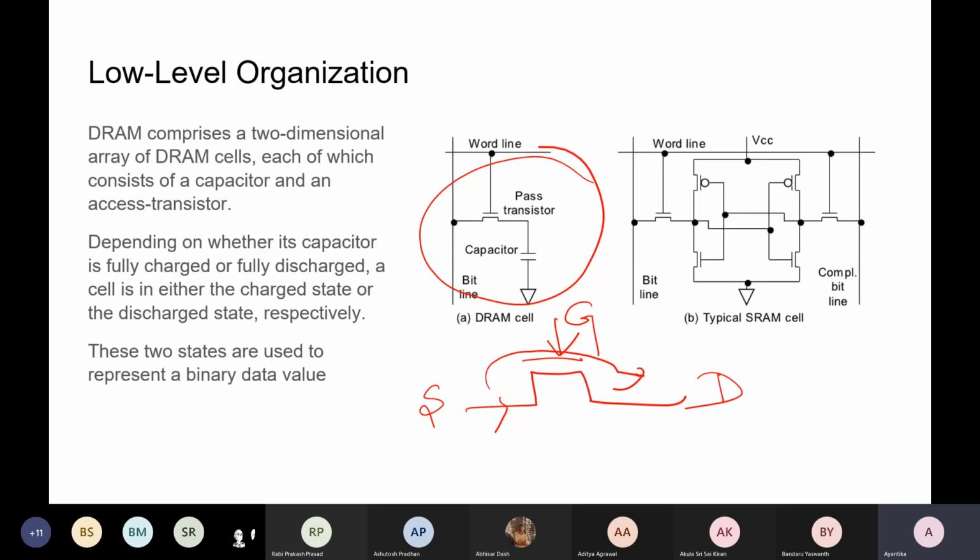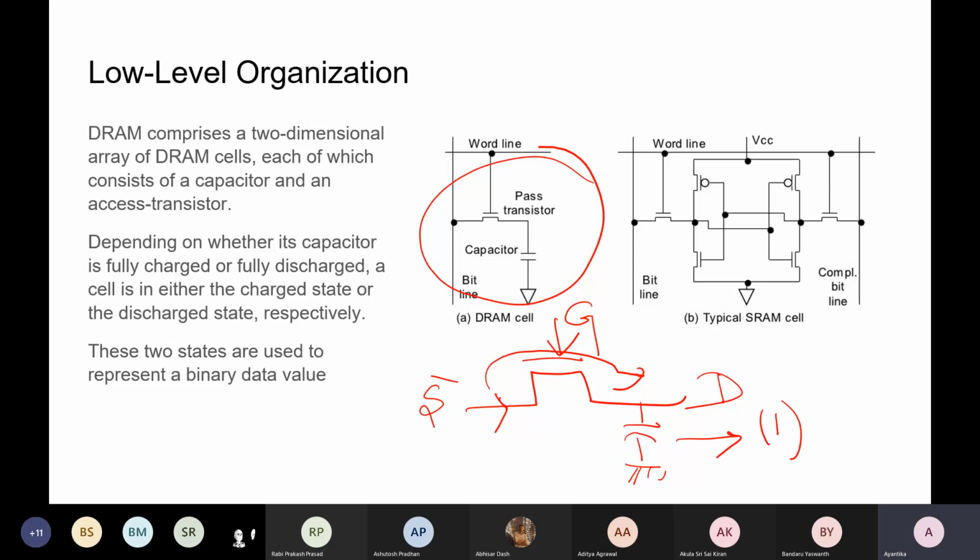If you attach a capacitor to the drain, this cell can act as a 1-bit memory storage. If the capacitor is charging, it is storing the 1 bit, when the gate is on and there is some voltage beyond a certain threshold at the source.